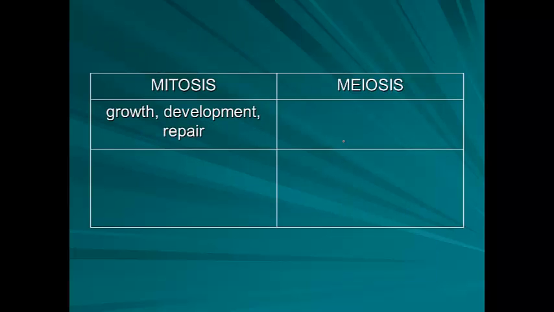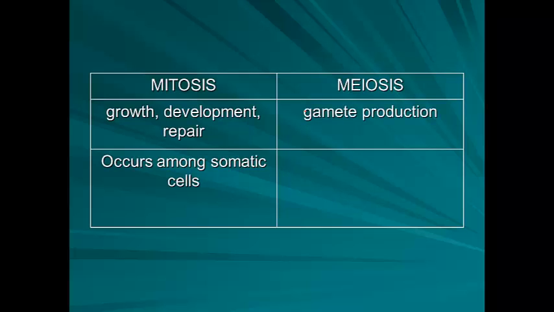Now, like I said at the beginning, mitosis is used for growth, development, and repair, and usually occurs in what's called the somatic cells. Somatic meaning body cells, like your skin cells, your blood cells, your muscle cells, that sort of thing. And meiosis is for gamete production, so these are your reproductive cells.